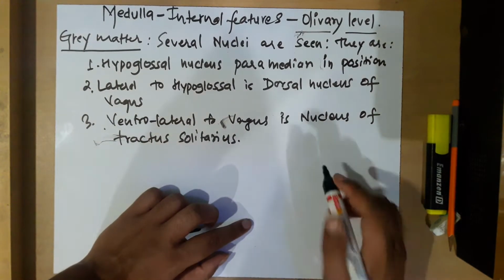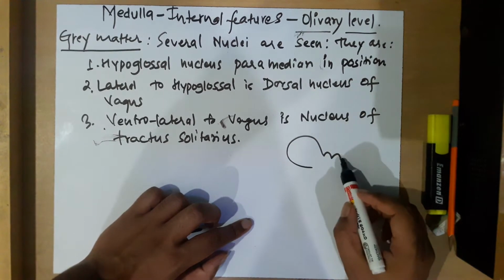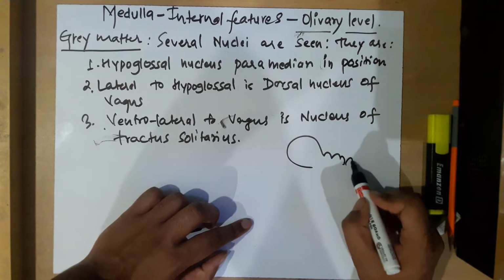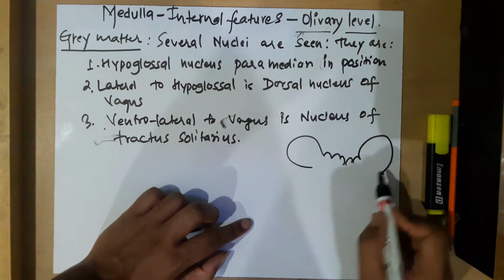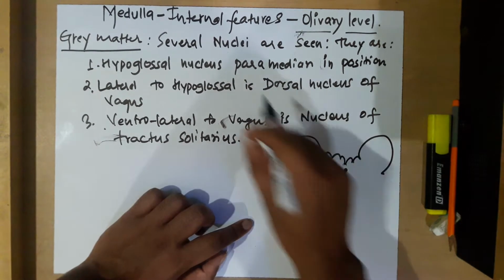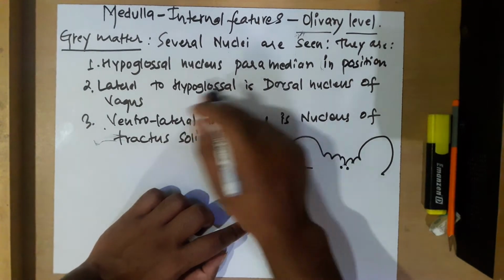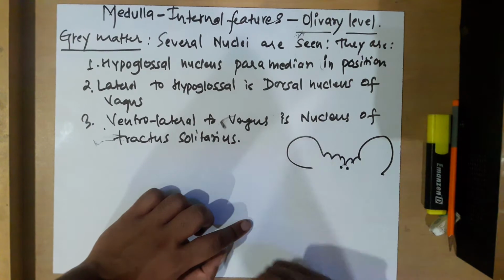If this is the figure, the figure at this level is somewhat like this. Paramedian position is the hypoglossal nucleus, lateral to the hypoglossal nucleus is the dorsal nucleus of vagus.